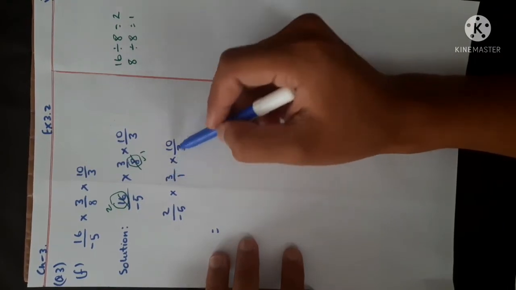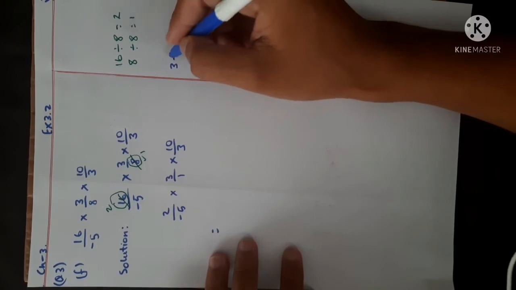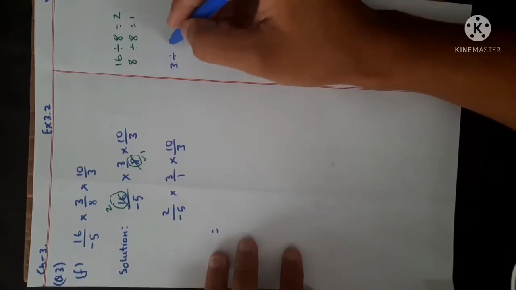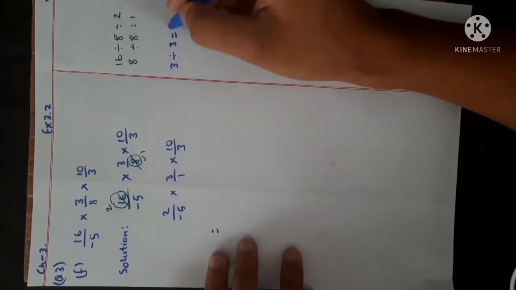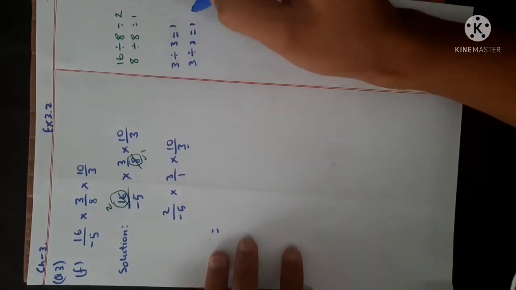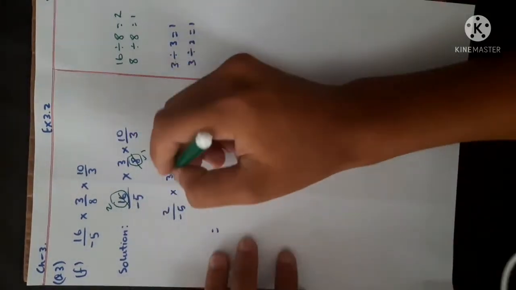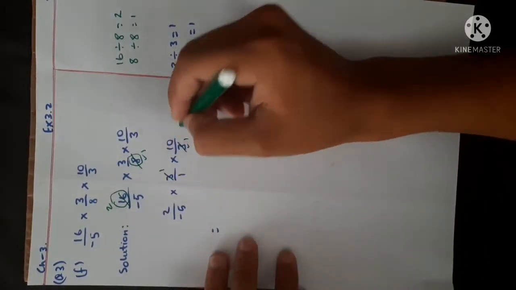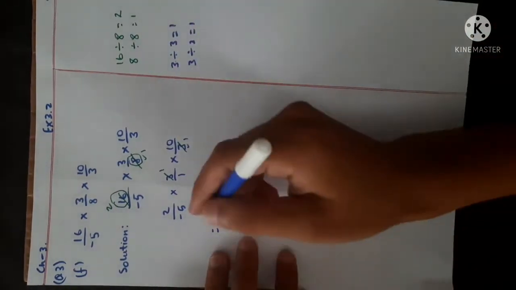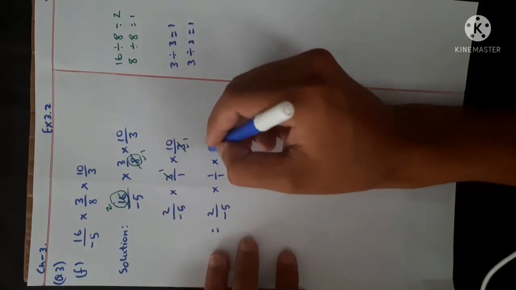So 3 and 3 we can cancel them out by dividing by the common divisor, which is 3. 3 divide 3 equals 1, and again 3 divide 3 we will get 1.